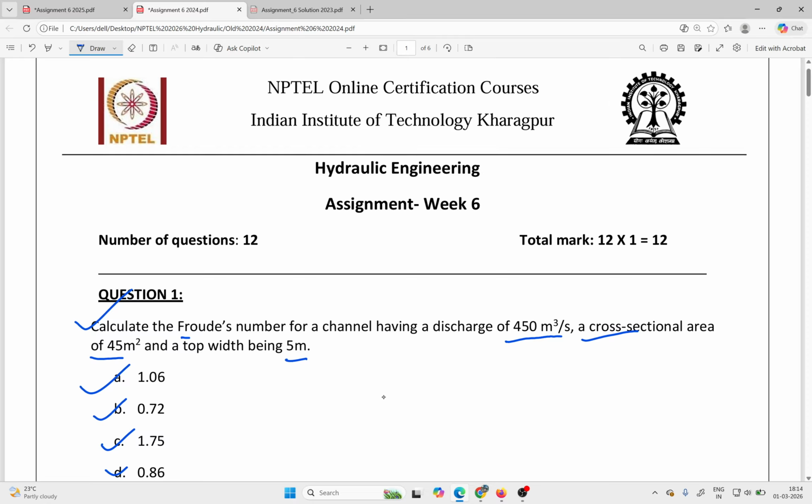So Fr, the Froude number, is equal to velocity divided by root of g into hydraulic depth. Hydraulic depth, I'll write first D. So D is equal to, as Deep suggests, A by top width. Yes, it is A by top width.